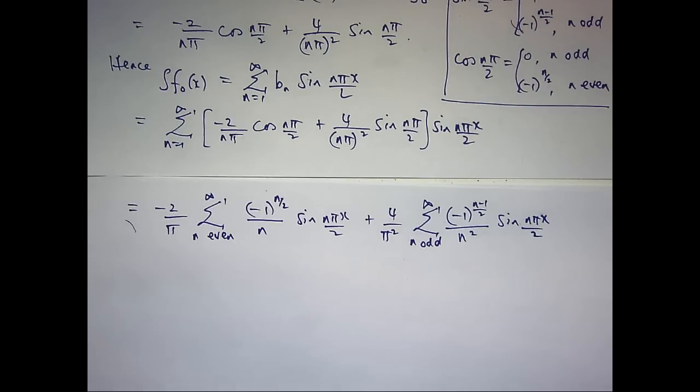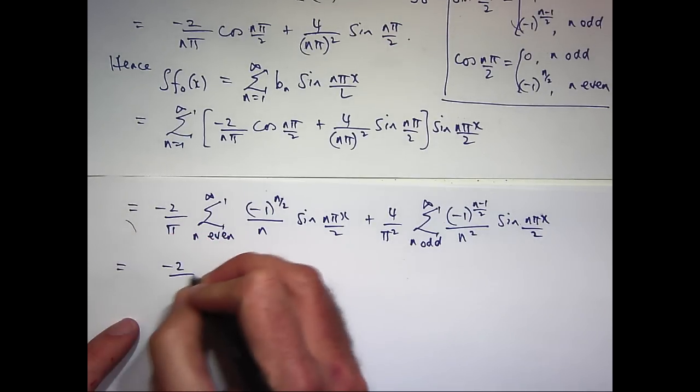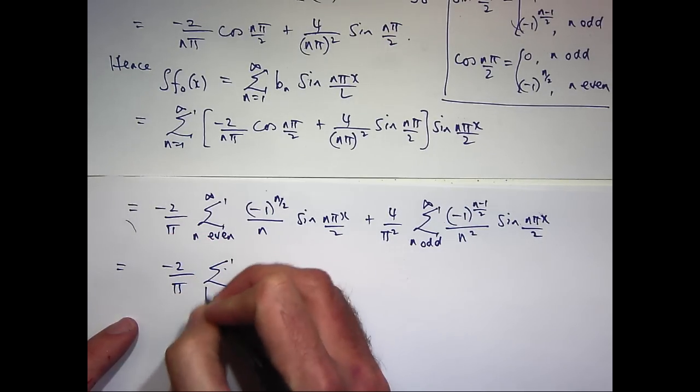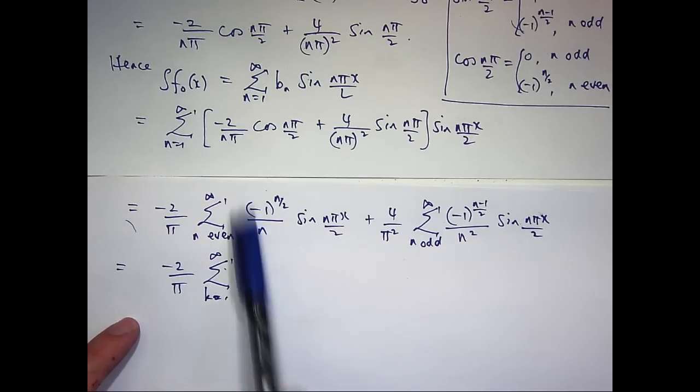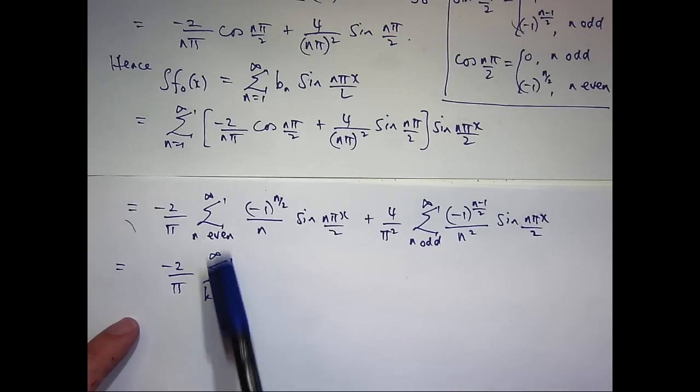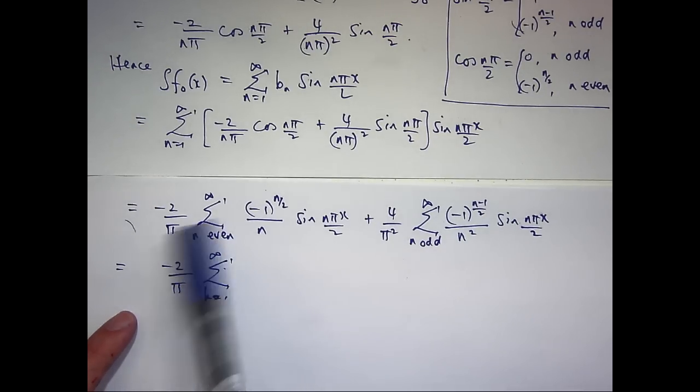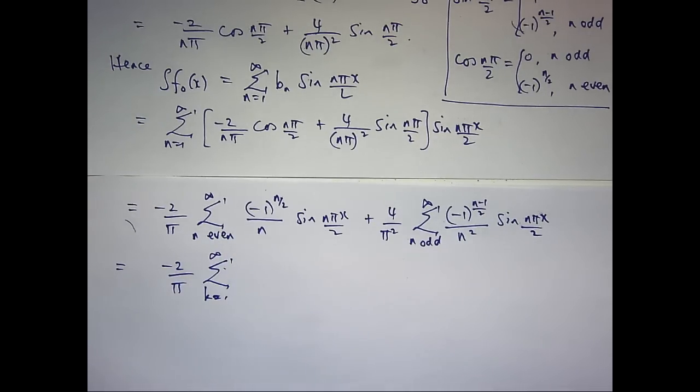So as a last step, in the sum, in this case we're interested in the even values, so just replace n in here with 2k.